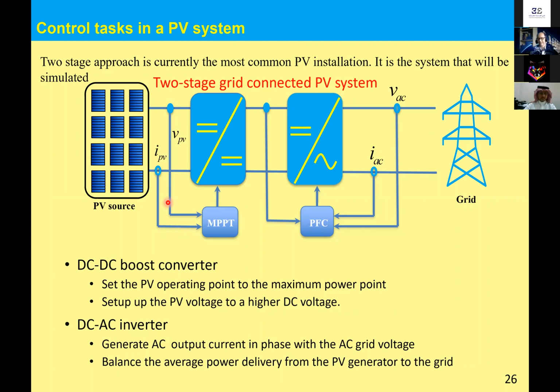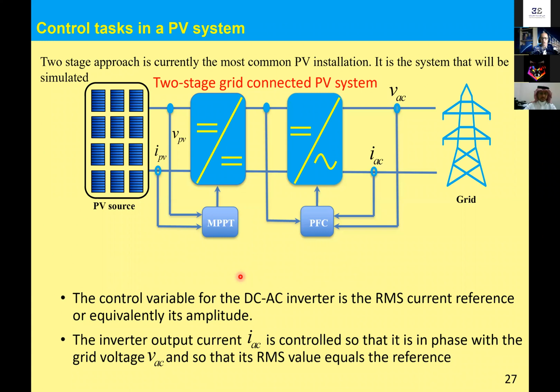And the inverter is responsible for performing power factor correction. It means that it will inject sinusoidal current into the grid, and this current will be synchronized with the grid voltage in order to perform this power factor correction. The control variable for the inverter is the RMS current reference, or equivalently also its amplitude.